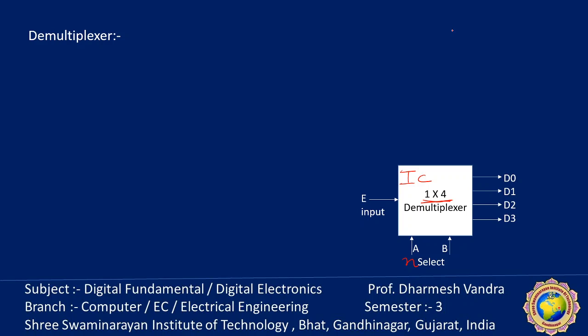The difference is that in block diagram or functionality, a decoder with enable input can be known as a demultiplexer. A demultiplexer is a circuit that receives information on a single line.